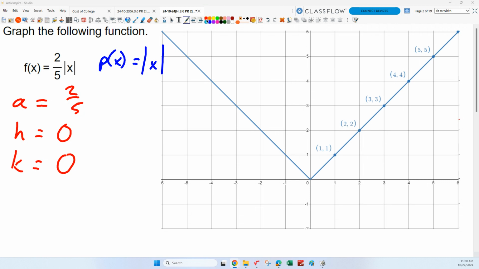The way we talked about yesterday, I'll add another technique today that always works, but the way we did yesterday is the most efficient way of doing this. What does a vertical dilation factor of 2/5 imply about the shape of this graph? I'm going to multiply 2/5 times what?